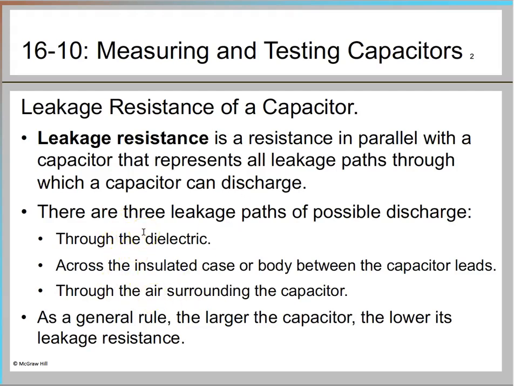There are three possible leakage paths of discharge. The first is through the dielectric present in the capacitor. Through that, current may flow, and that is called leakage current. The second is across the insulated case or body between the capacitor leads.